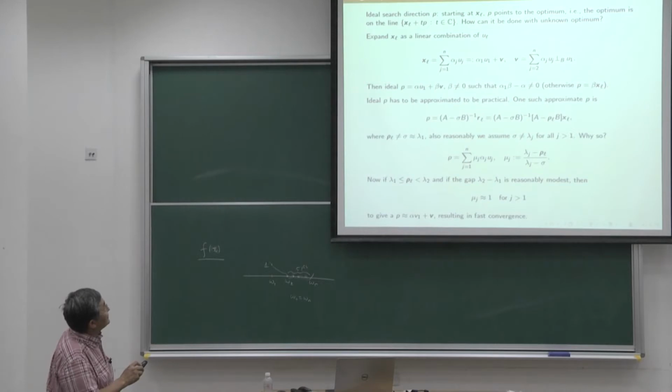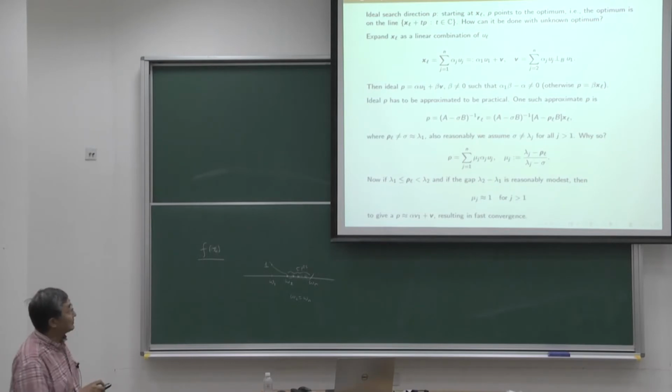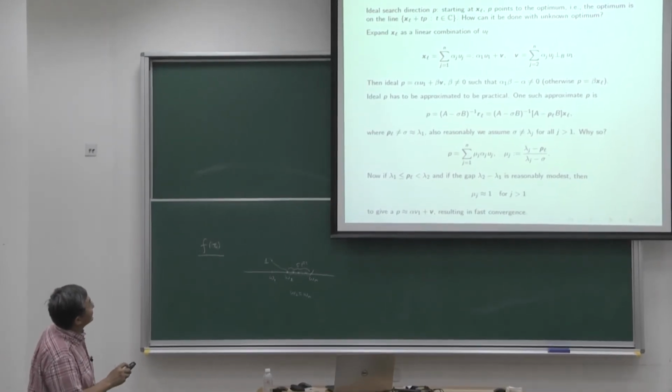You can take a p that has no component at u1 at all, but simply the opposite, and then you can do the linear combination. That's the power of a linear combination. Okay, this is the ideal case. In practice, people use it all the time. So it's basically inverse iteration.